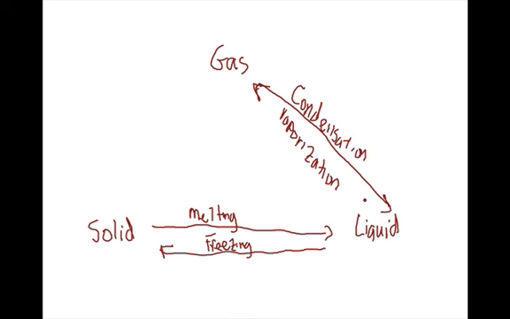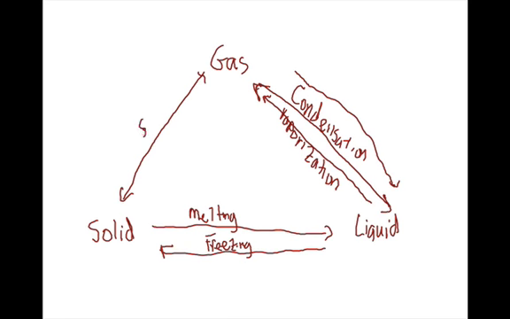Vaporization is where it's going from the liquid state to the gas state, and condensation is going down from the gas back to the liquid state. And then finally, sublimation is dealing with the gas, and so sublimation is this one right here. These are the different phase changes.